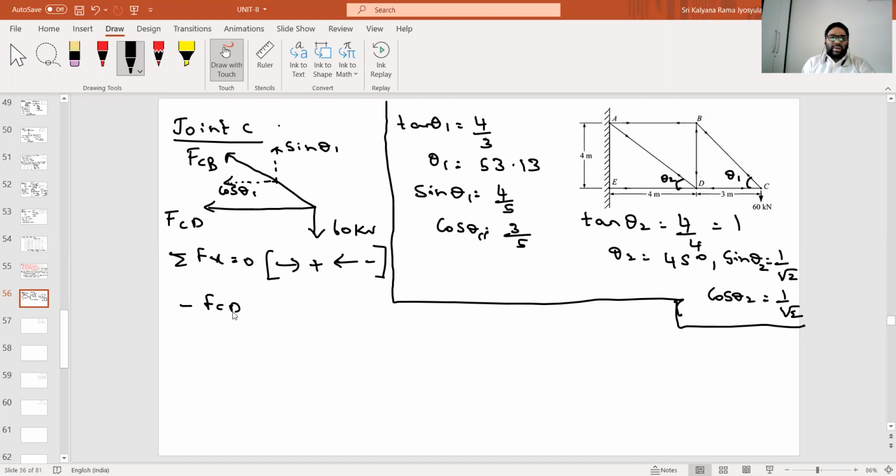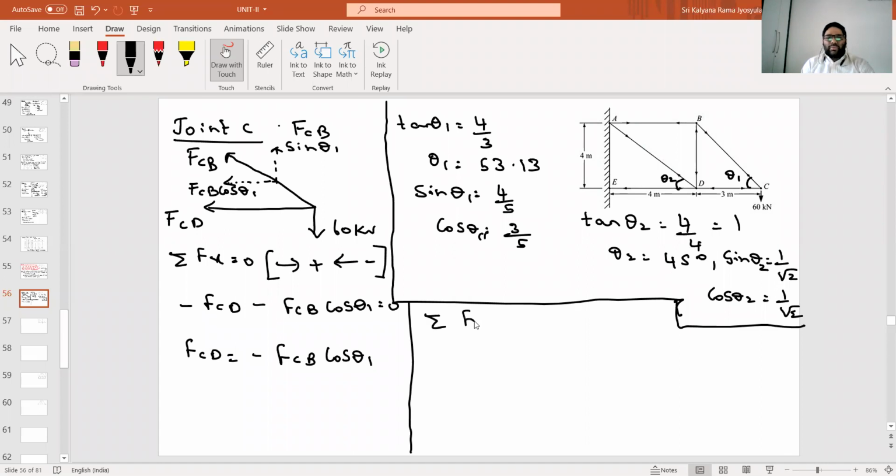So minus FCD minus FCB cos theta 1 is equal to 0. Let us write FCD in terms of FCB. FCD is equal to minus FCB cos theta 1.